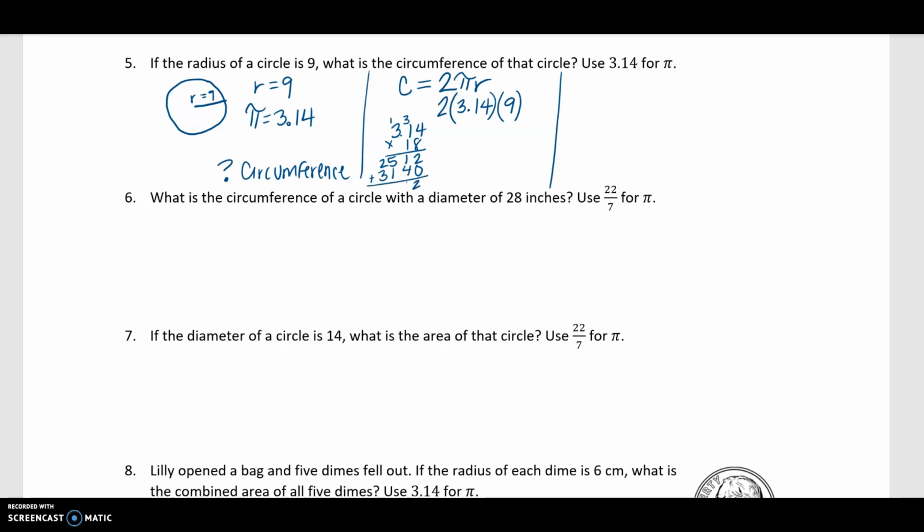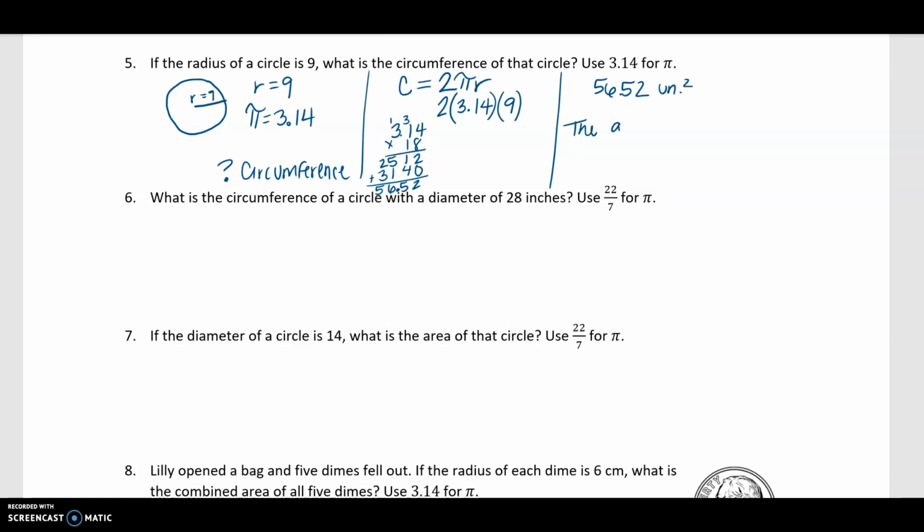Add them up. 2, 5, 6, 5. There's 2 numbers to the right of the decimal, so 2 numbers to the right of the decimal. So 56.52, and that's units squared.